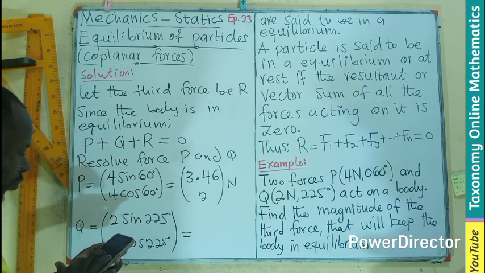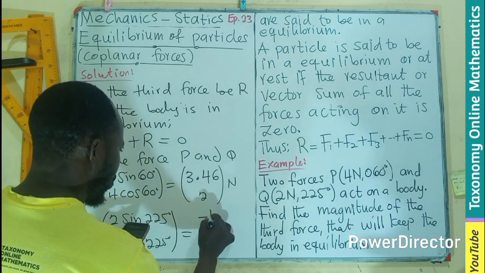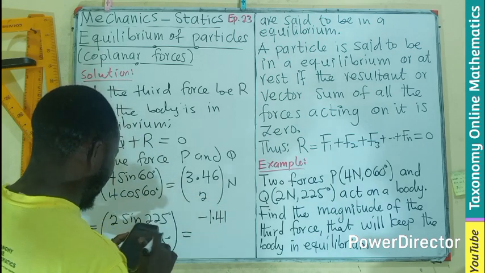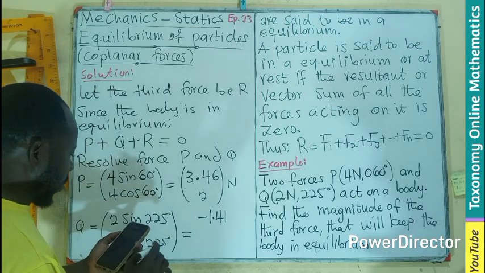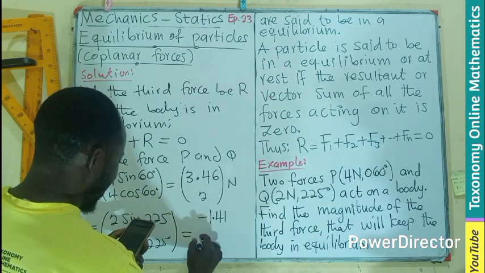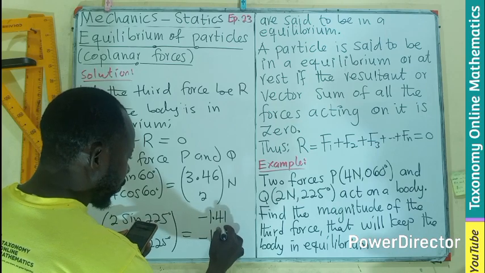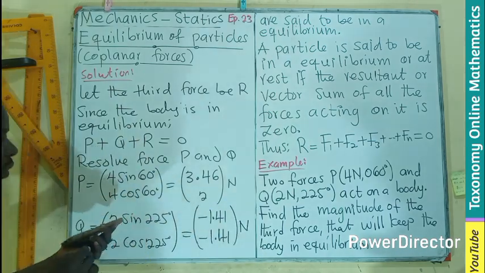We have 2 times the sine of 225. That gives us negative 1.41 if you are using 2 decimal places. Then 2 cos 225 will also give us negative 1.41. I think the same value. So we have our Newton.